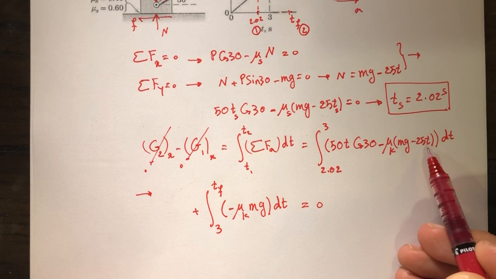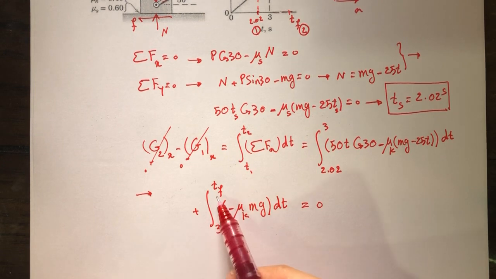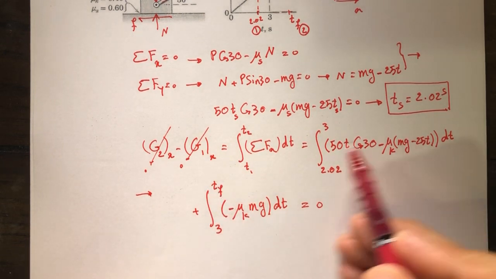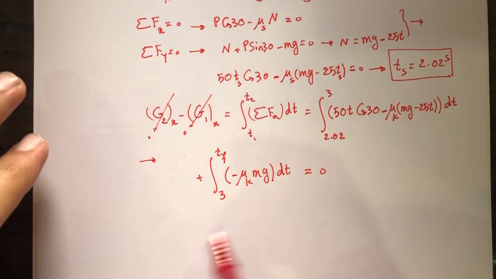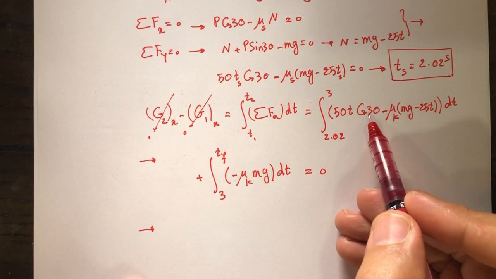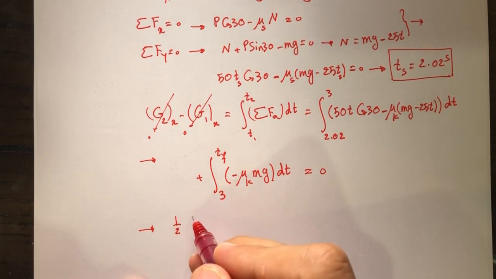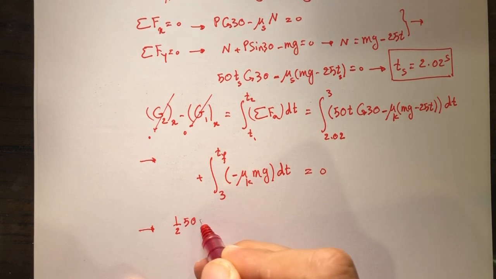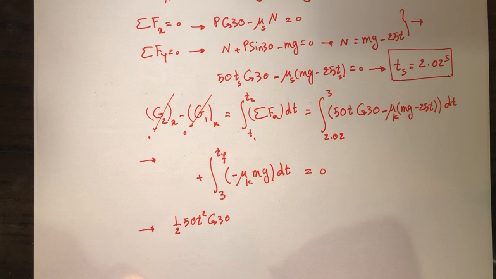In this integral, you have everything here, so we can calculate it. In this one, we don't know what tf is. So altogether, we are going to have only one unknown in this equation, right? For the first integral, the integral of 50t cosine of 30 dt is going to be 1/2 of 50t squared times cosine of 30.